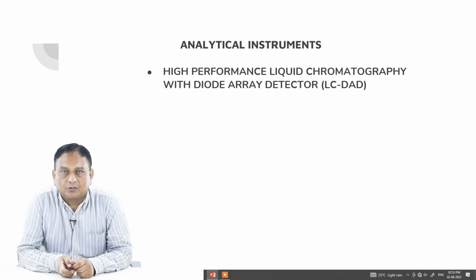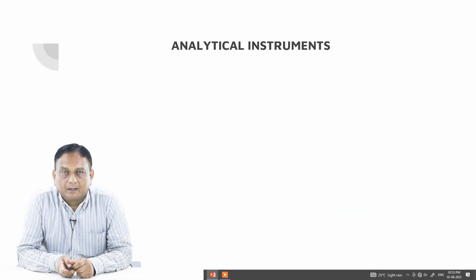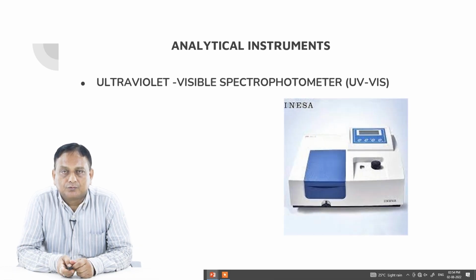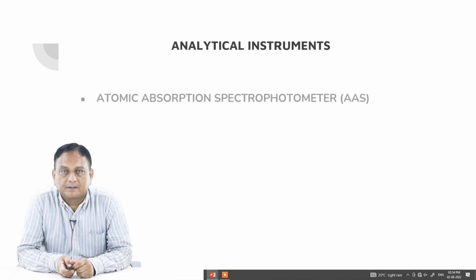Analytical instruments also include high performance liquid chromatography with diode array detector, that is LC-DAD, and mass spectrometer, that is the LC-MS. This also deals with ultraviolet visible spectrophotometer, which we call UV-Vis, which is also used for analysis of different components of the compounds used in different processes.